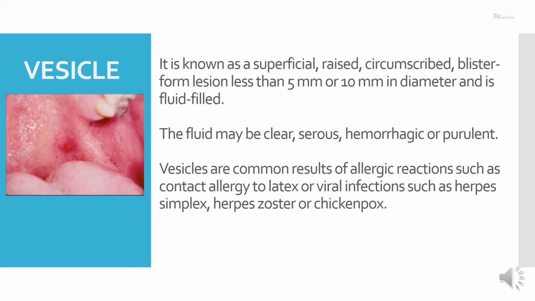Primary herpetic gingivostomatitis generally presents as vesicles which later rupture and give ulcerated areas. So most of these vesicles are primary presentations, and at the later presentation we might find ulcerative or erosive areas. Herpes zoster or chickenpox infections will also show vesicle formation.